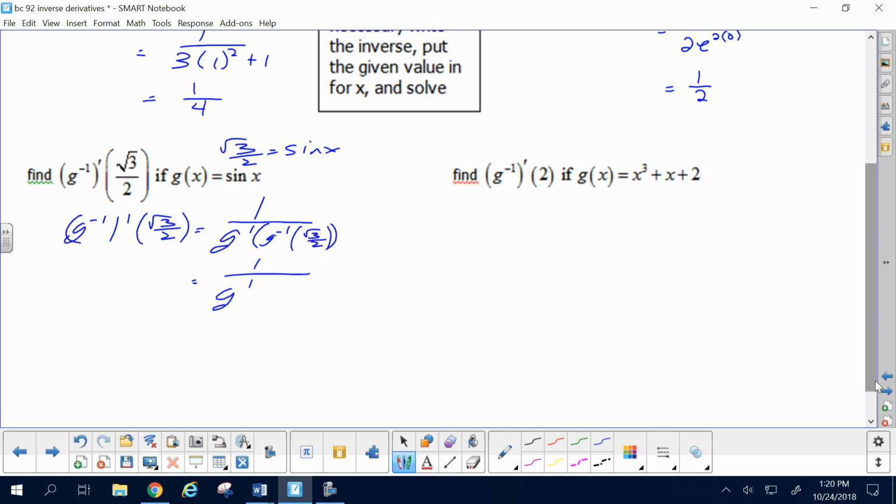Take the domain to find one, the range of arc sine. Should be between negative pi over 2 and pi over 2. So pi over 3, yes? So did you get something like 2? Yes? Okay. Try the last one, then we'll go to more AP stuff.